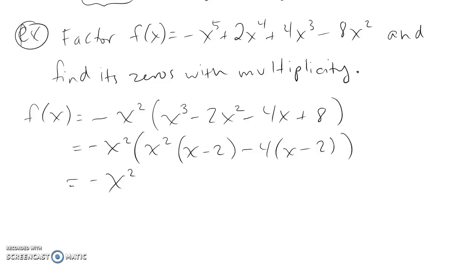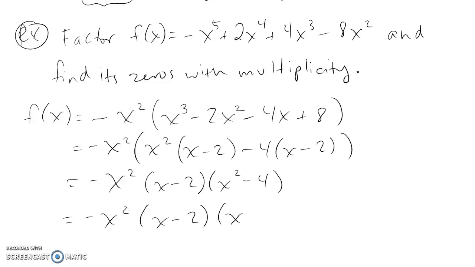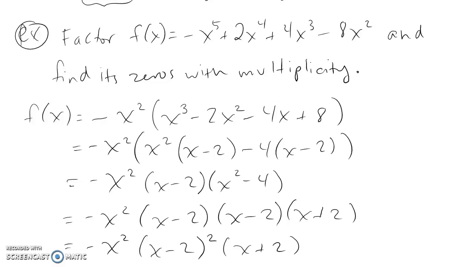So I end up with minus x squared times x minus 2 times x squared minus 4, and if I continue factoring, x squared minus 4 becomes x minus 2 times x plus 2, which then becomes minus x squared times x minus 2 squared times x plus 2, right?